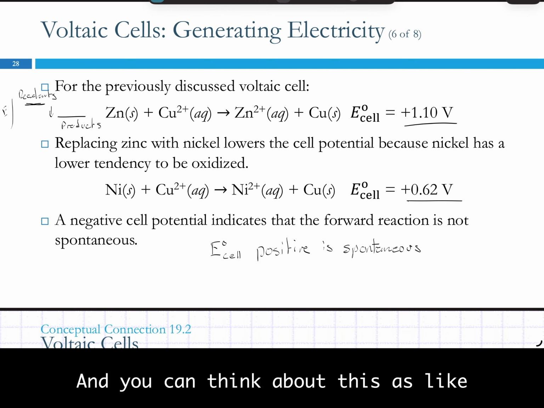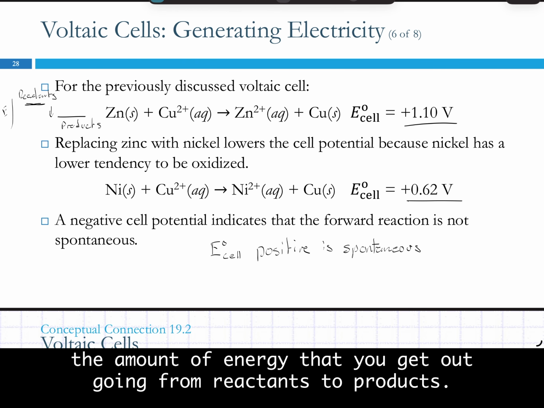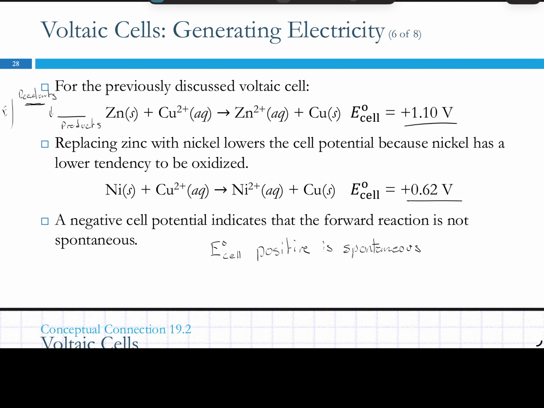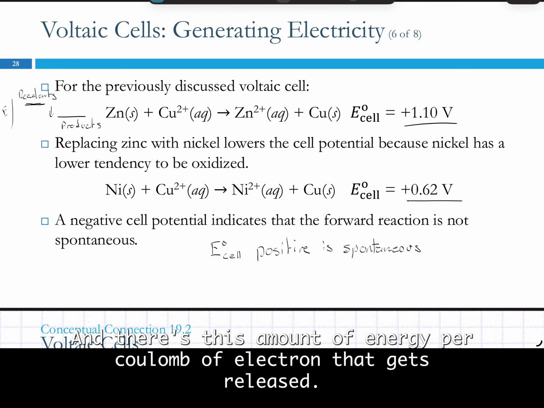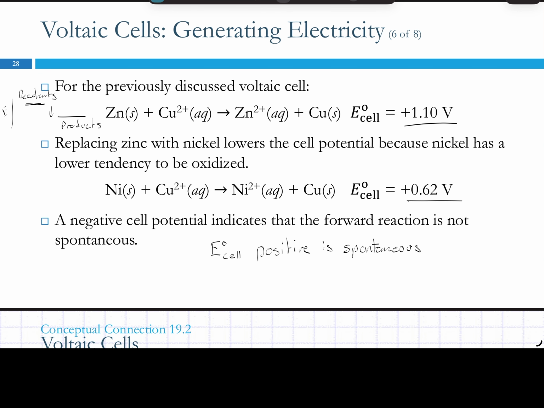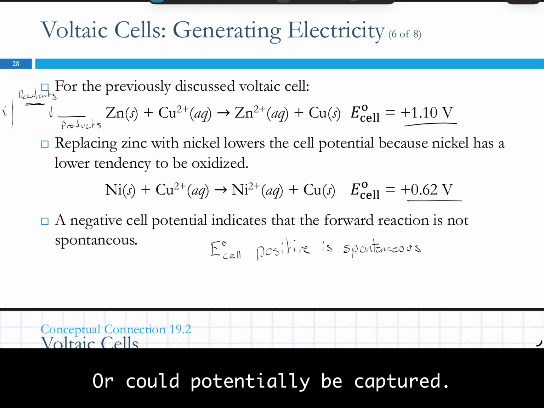I think you can think about this as the amount of energy that you get out going from reactants to products. So if I get a positive E cell, that means I've gone from a higher energy to a lower energy, and there's this amount of energy per coulomb of electrons that gets released, or could potentially be captured.